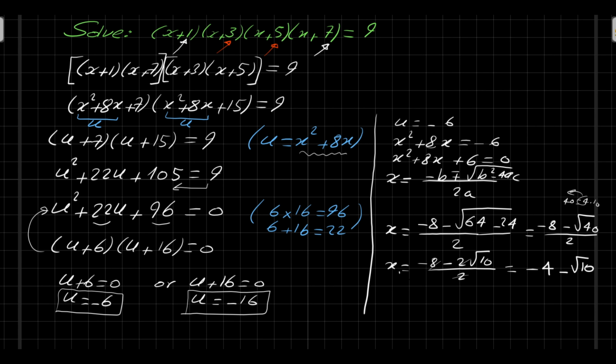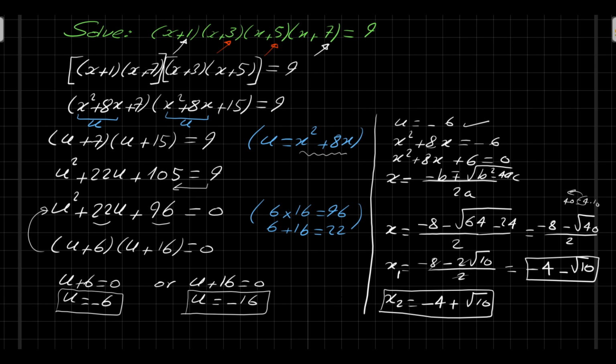So this is x1, and then x2 is going to be negative 4 plus square root 10. So this is the second value and this is the first value. This is for the case u equal negative 6.